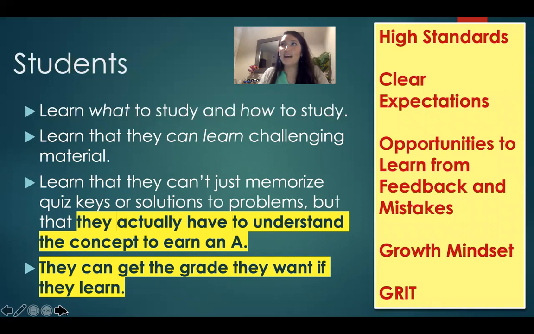I don't feel bad about having a very high standard on something, because I know that if the students do poorly, they have the opportunity to improve. They have the opportunity to try again. It sets clear expectations, and the student knows exactly where they stand. The grade book tells them where they stand. It gives the students opportunities to learn from feedback and learn from mistakes.